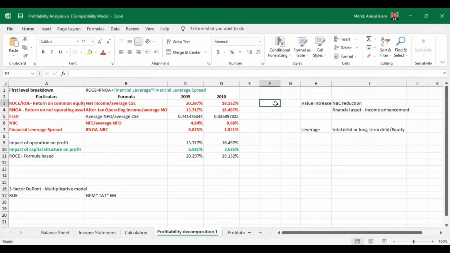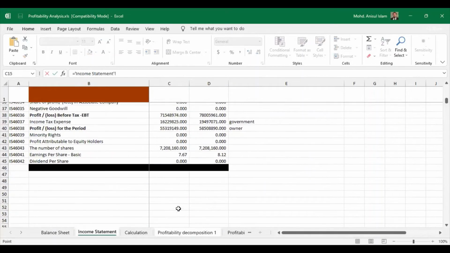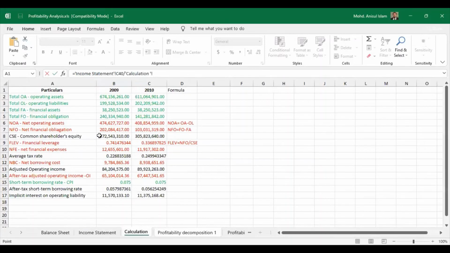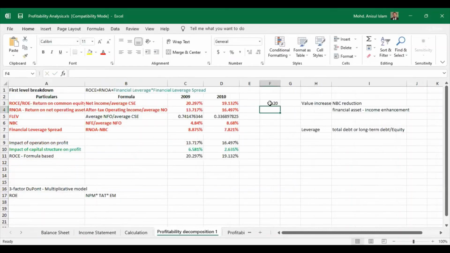Okay. So we have this profit for the period, and we divide this number by the common shareholders' equity we have measured for 2009 here. So how much percentage is it? It is this percentage. We know how to calculate this ROE. Okay, fine.